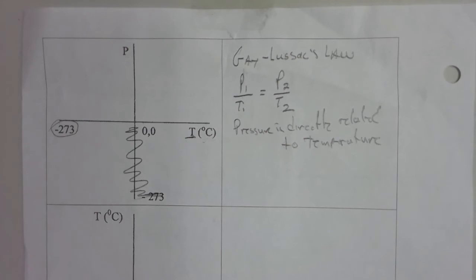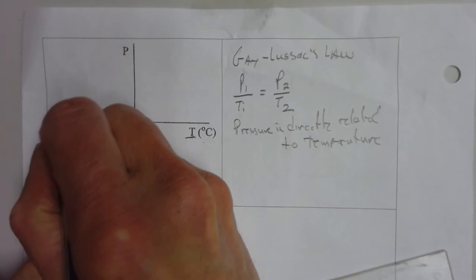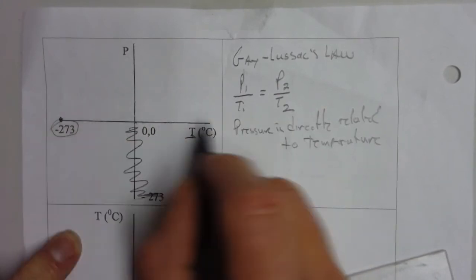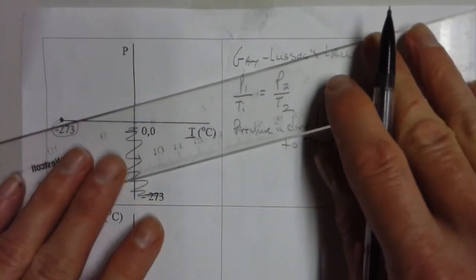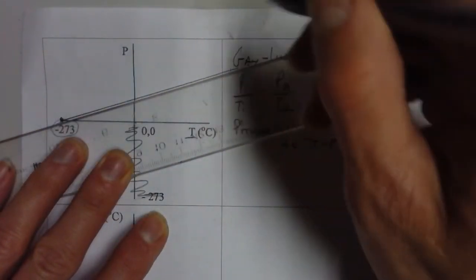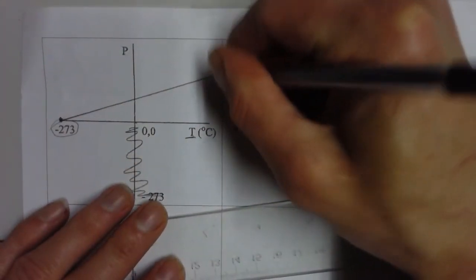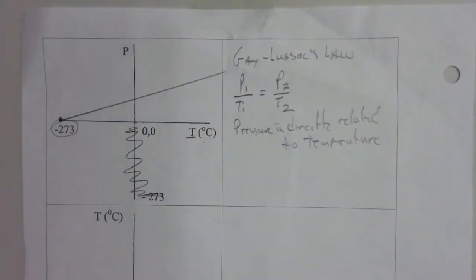So how does this graph look then? Well, it's got to be a direct relationship. That's a straight line, constant slope, but it's going to hit 0 pressure when the temperature is negative 273. So it'll be something like this. So we get a straight line indicating a direct relationship.